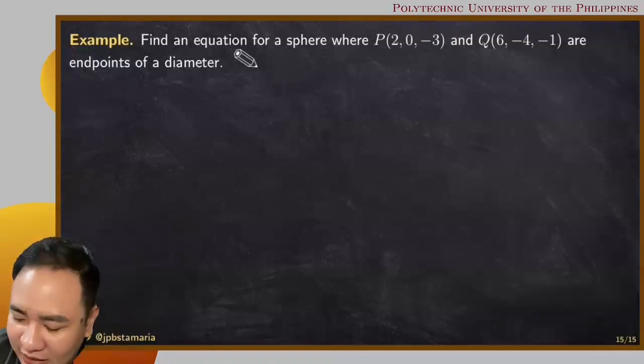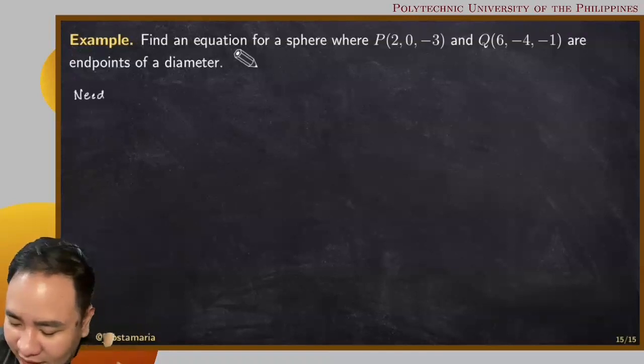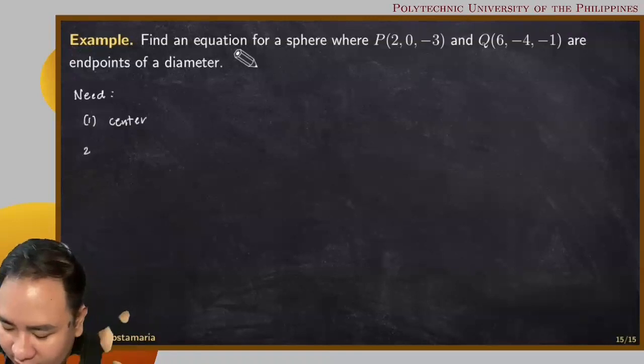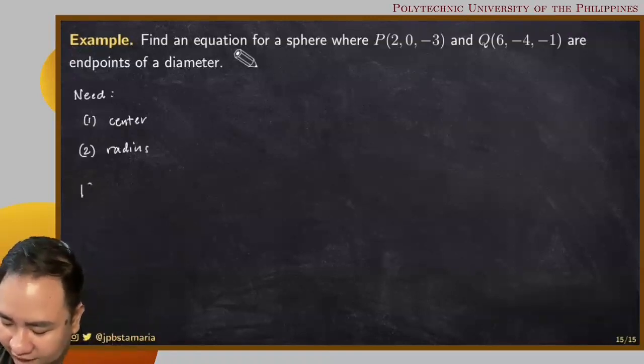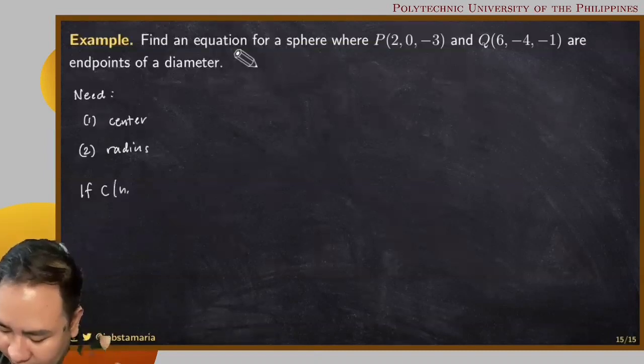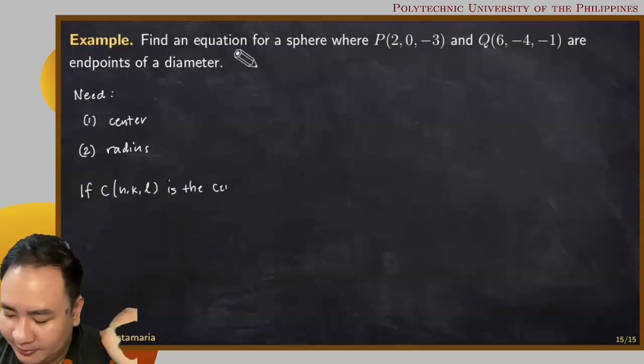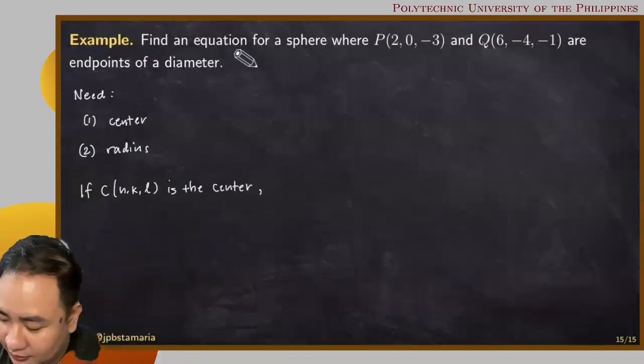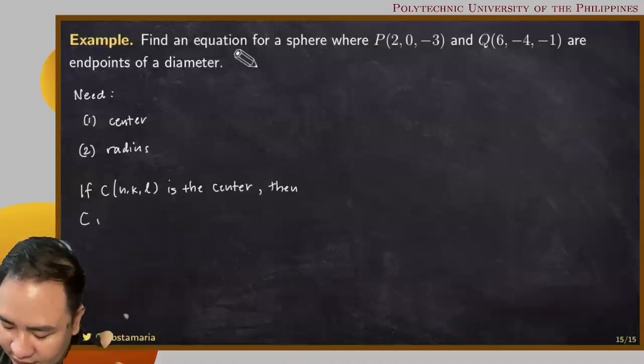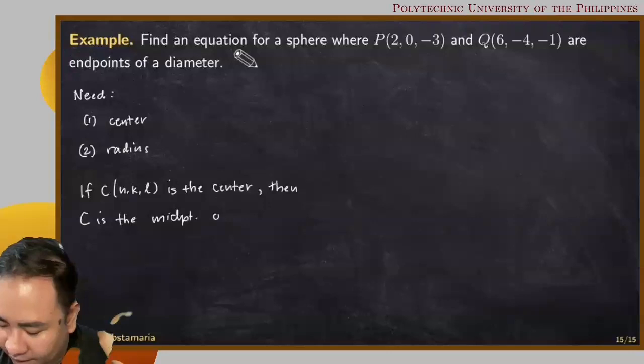So first, kunin muna natin yung center. So meron tayong dalawang kailangan. Number 1, center. And the radius number 2. So for the center, if C, may variables tayo, is the center, then C is the midpoint of PQ.